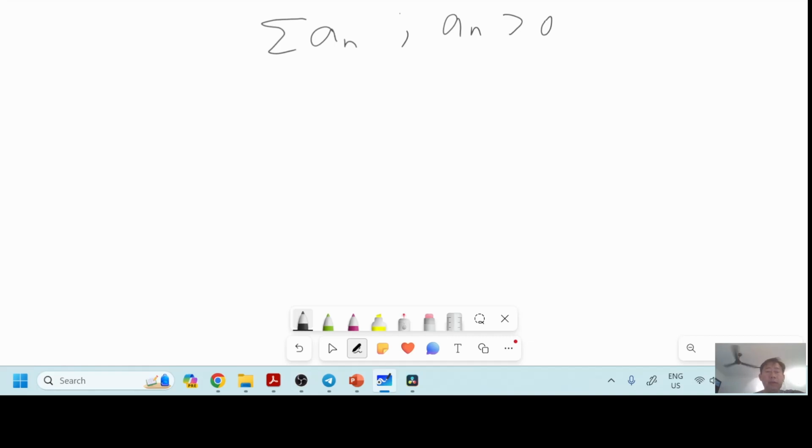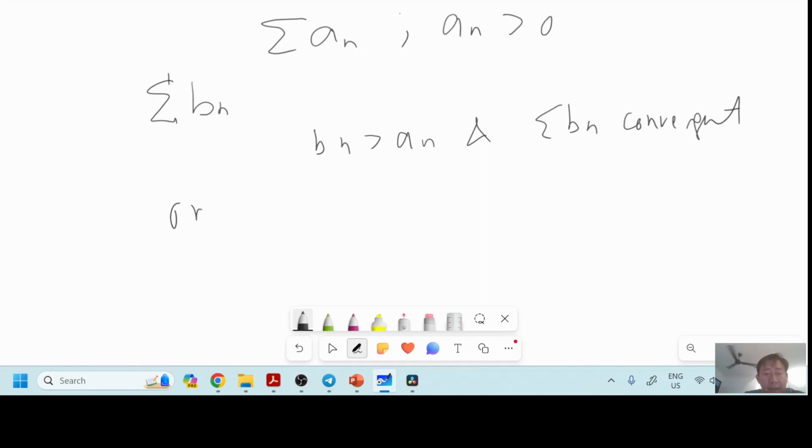In order to use the comparison test to test the convergence of the series A, what you have to do is to come up with another series B, where the series B would either be term by term larger than the series AN, and at the same time the series Bn is convergent, or you come up with another series Bn where the terms in the series are smaller or equal to the corresponding terms in An.